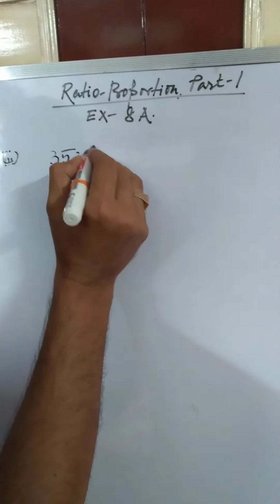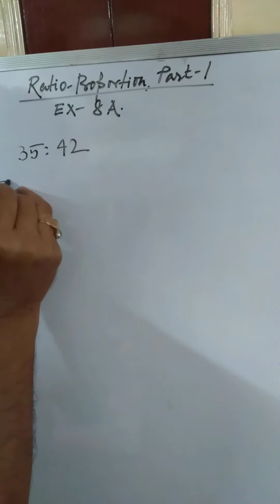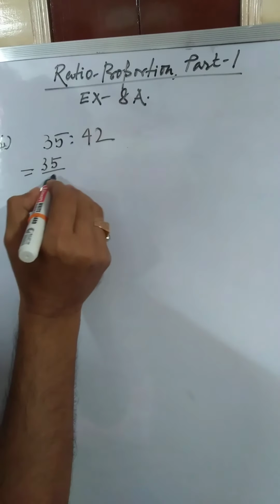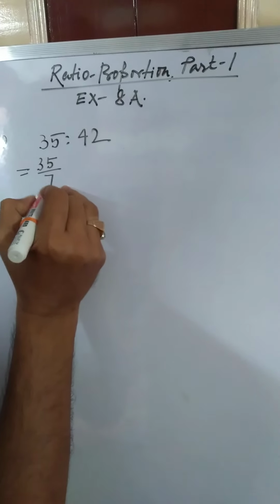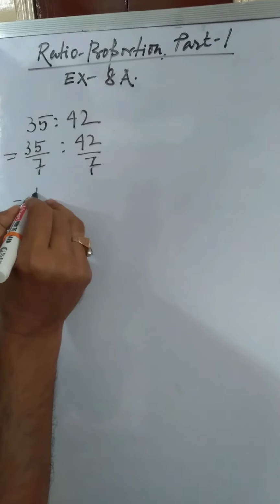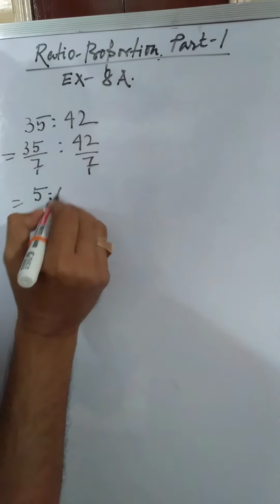The question is, write a fraction in the simplest form for each of the ratios given below. So 35 is to 42. So 35 and 42 both are divisible by 7. So it comes 5 is to 6.